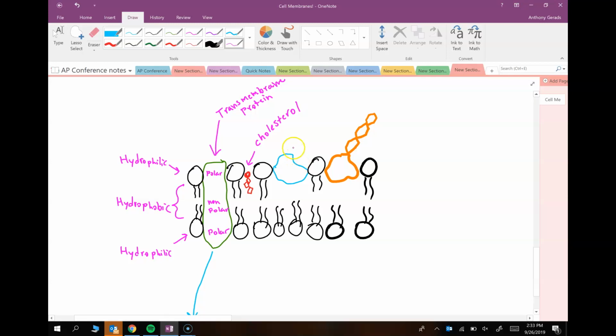Then we've got this guy right here called a peripheral protein. Any guess what that might mean? Peripheral. Have you even heard the word peripheral? It's your side vision.